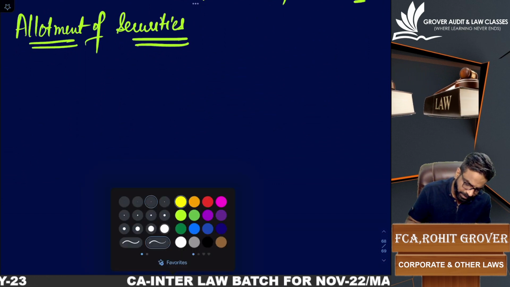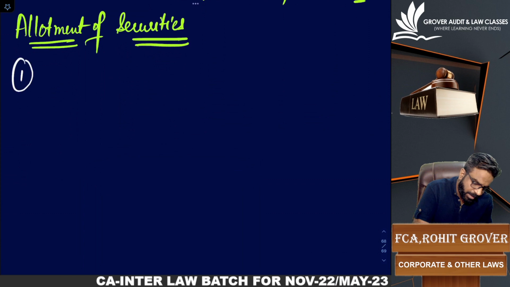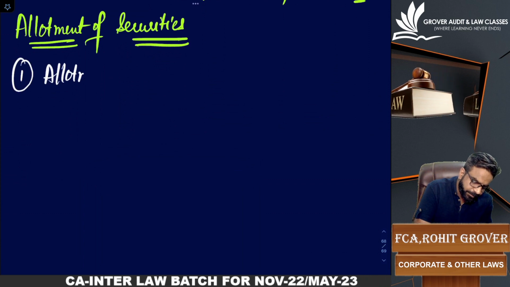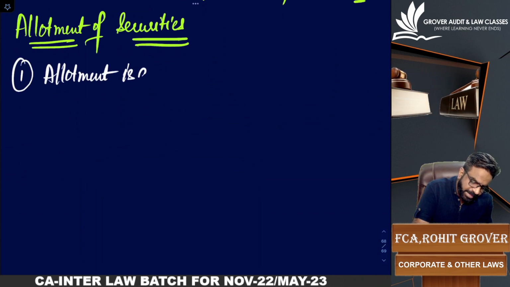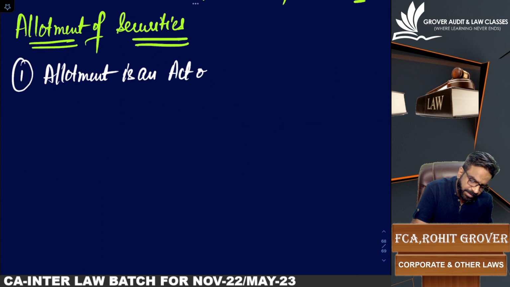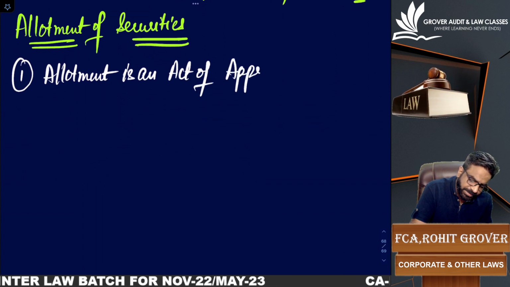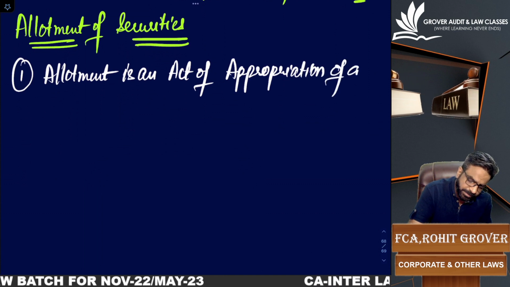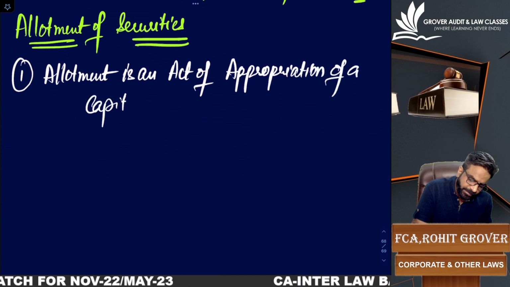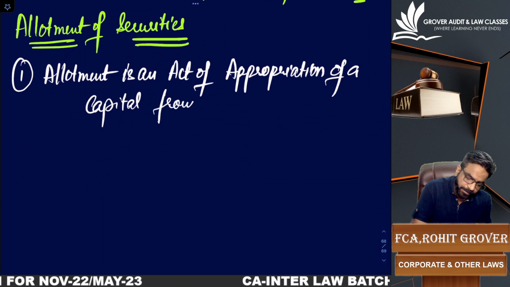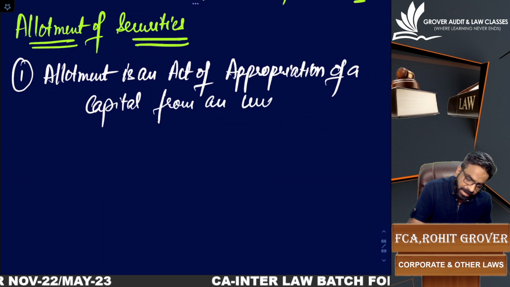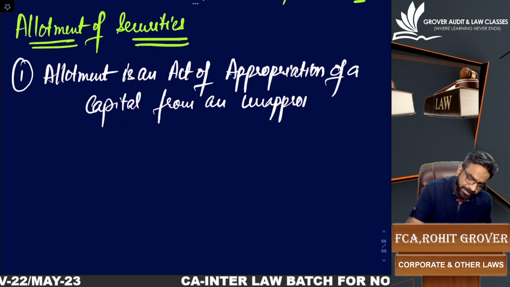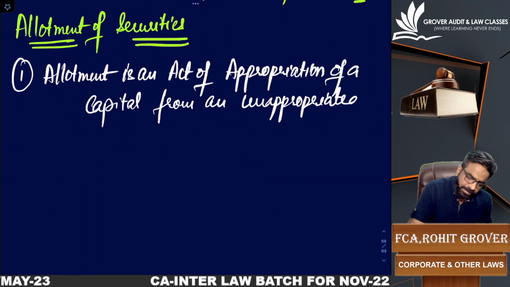Allotment is an act of appropriation of a capital from an unappropriated capital.